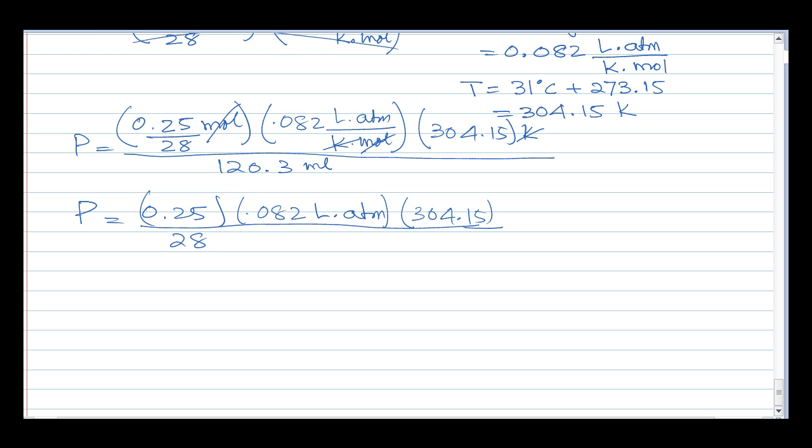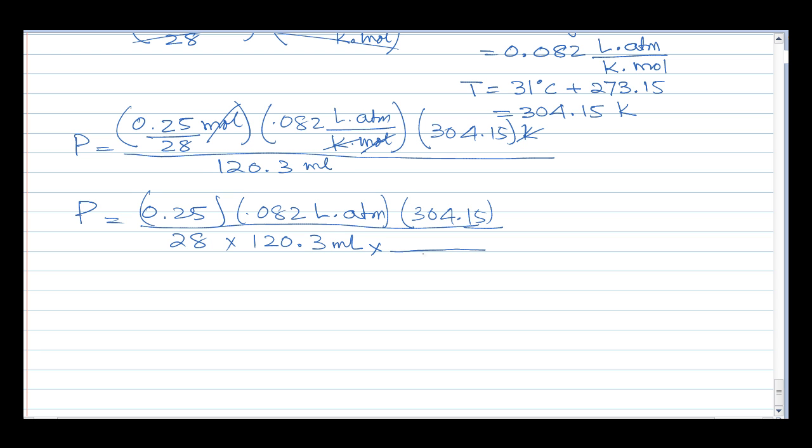Now 28, and then left is 120.3 milliliters. As you can see, we have liters in the numerator but milliliters in the denominator. So let me convert the milliliters to liters so we can cancel out this unit.